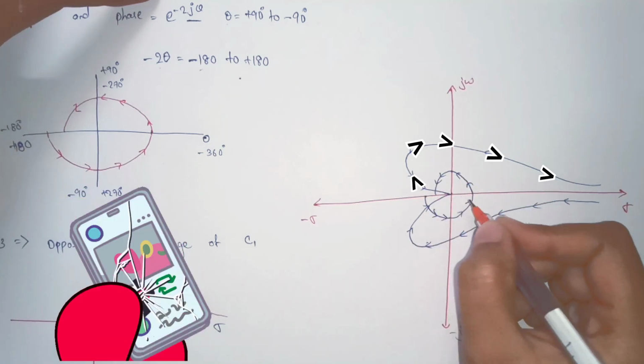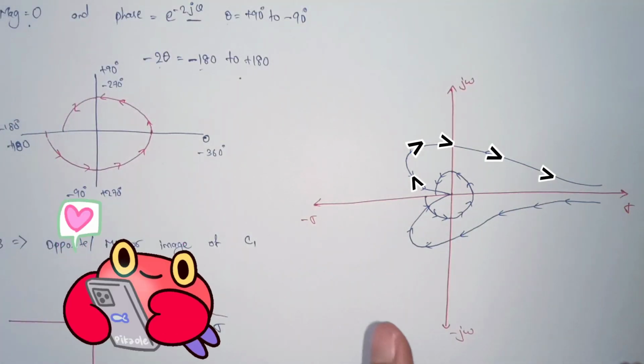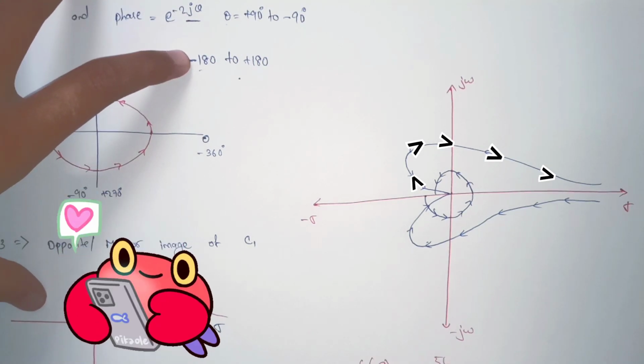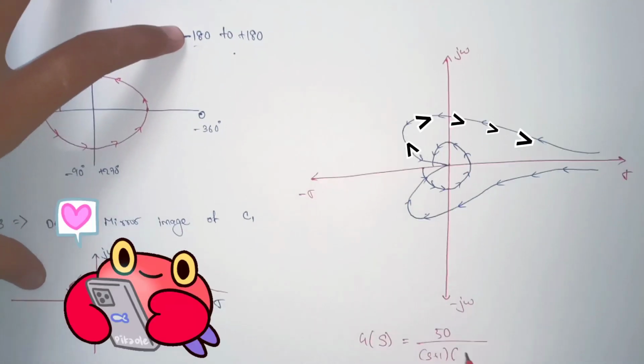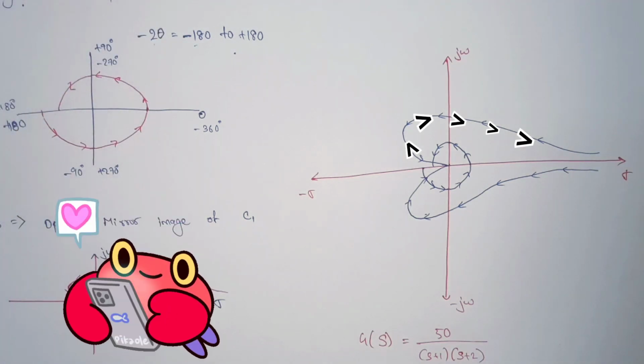And since it is having magnitude 0, I drew it in a small manner. This is the final Nyquist plot of our given system, that is 50 by (s plus 1)(s plus 2). That's it, as simple as it is.